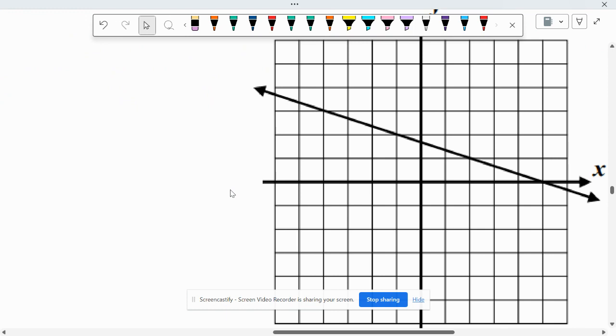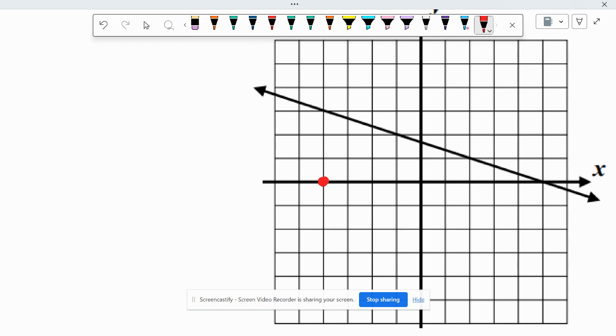So I'm going to make this really big first. We don't know where it crosses the y-axis, but we can select 2 ordered pairs to calculate slope. So what 2 points do you guys want to select? Okay, I'll start first.